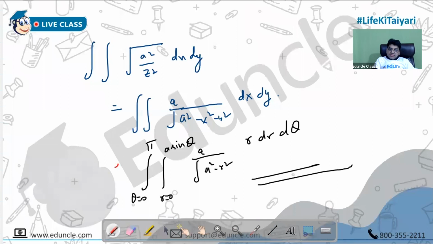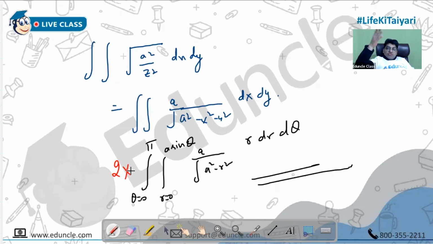This is compulsory, because whatever we are doing, we are only doing the surface area which is z positive, not z negative. But if there is z negative, the surface is also there, because you have x square plus y square plus z square equal to a square, so z is equal to plus or minus under root of a square minus (x square plus y square). So z can take positive and negative values.